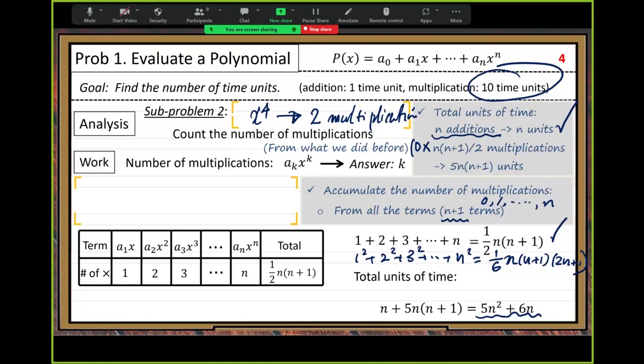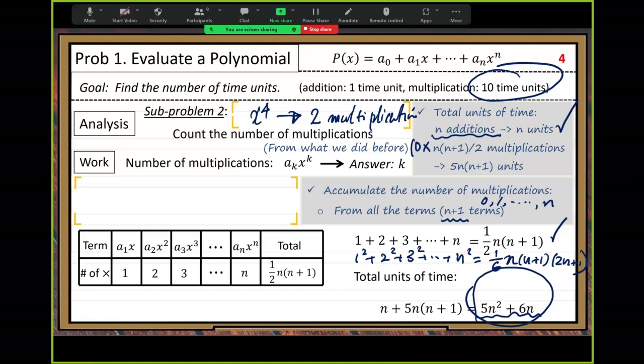When we do the improvement, we want to reduce the total number of units of time used by the new algorithm. We want to reduce this number.